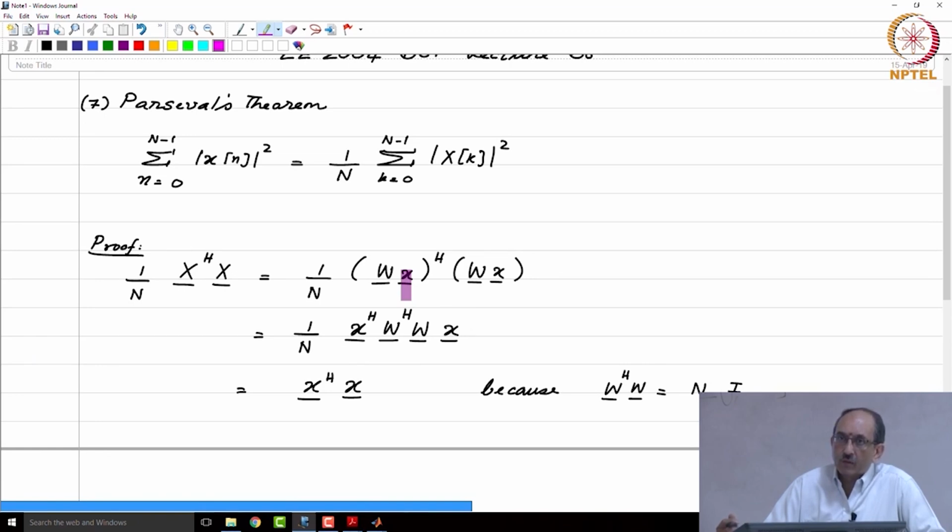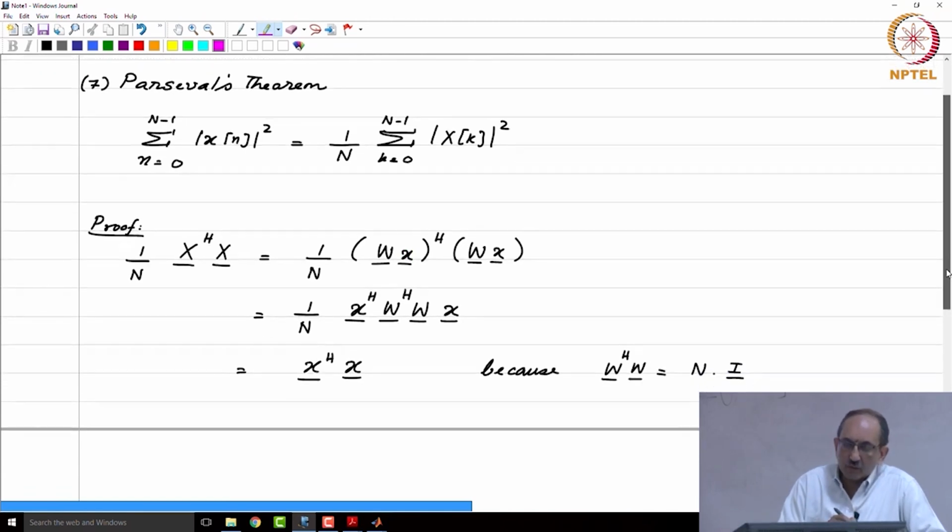If the matrix were unitary, then there is no scaling, it is mere rotation. So such matrices preserve the norm of the vector, because we are just rotating, the norm of the vector is unchanged. So the DFT is an example of a unitary transformation, and so too is the continuous time Fourier transform.